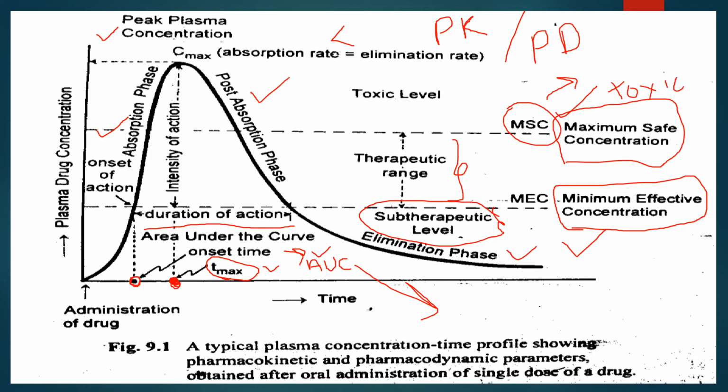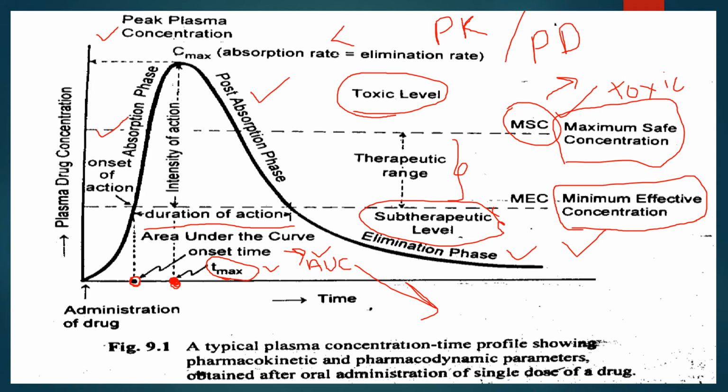So it is the concentration of the drug in plasma above which adverse or unwanted effects are precipitated. The concentration of the drug above the MSC is said to be the toxic level. Here you can see, above the MSC, the drug concentration will be at a toxic level, so it will give us some side effects or toxic effects.